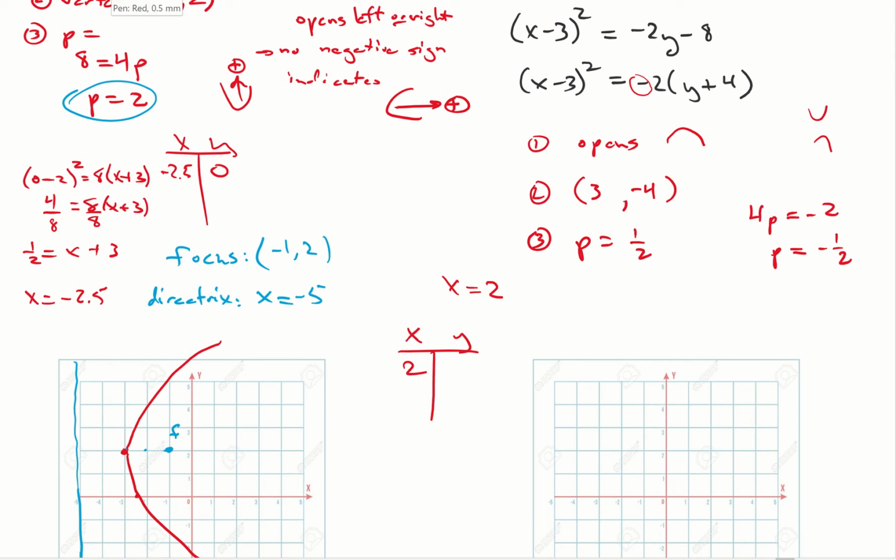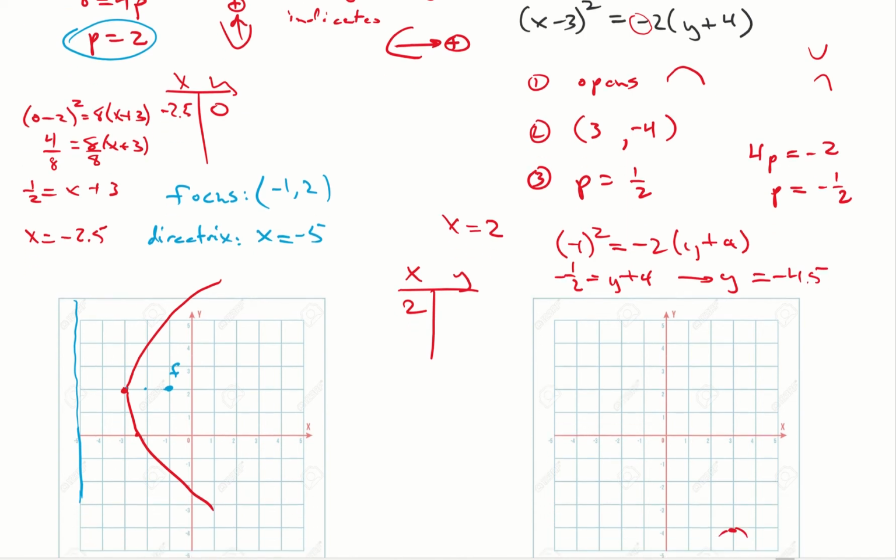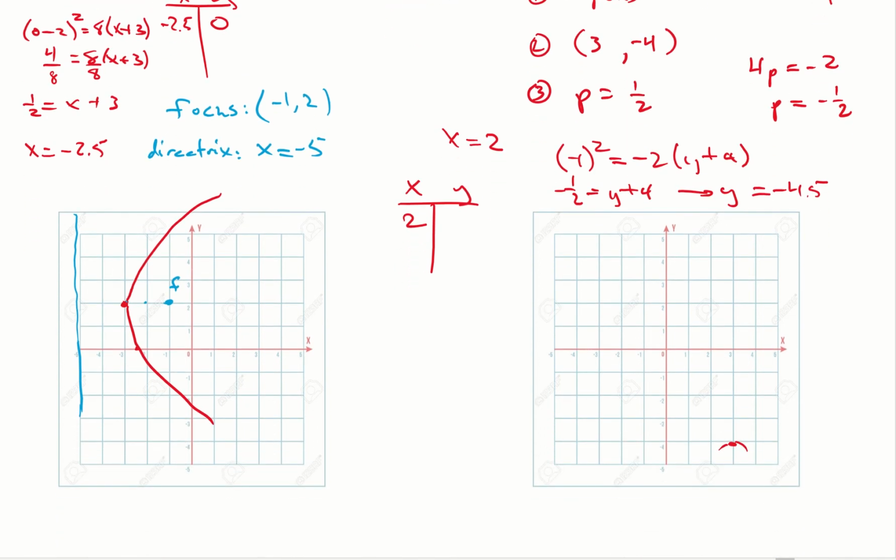What we have is 2 minus 3 is minus 1 squared is 1, so negative 1/2 is equal to y plus 4. So we get y is equal to negative 4.5. So that means when we moved 1 to the left, it goes down a half instead of a whole.